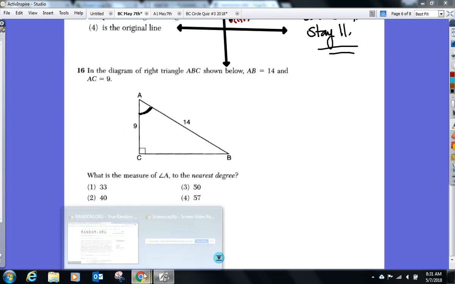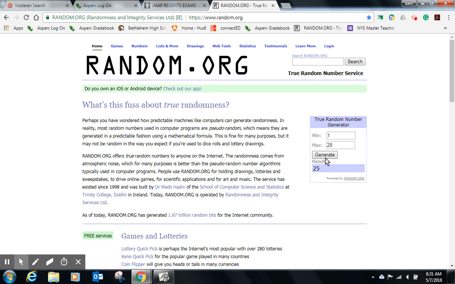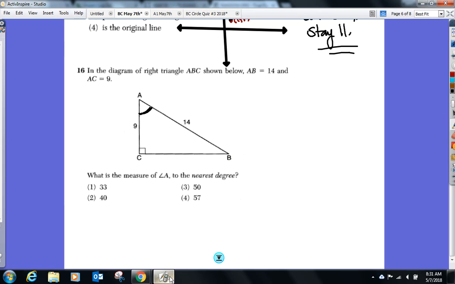I just want to see what's going through your mind. Anything at all? I got the 9 and the 14 there. It's a right triangle.